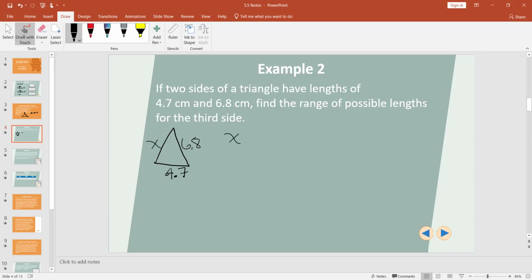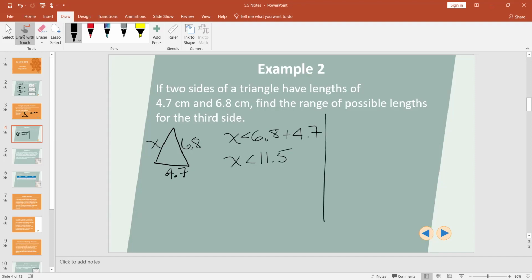So first I can find the maximum that side length can be. So it has to be less than 6.8 plus 4.7. So this means that the largest that side length can be is anything less than 11.5.